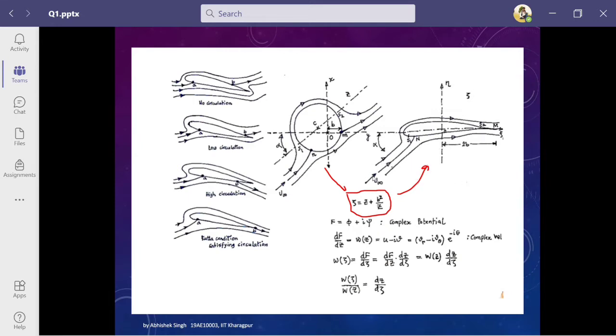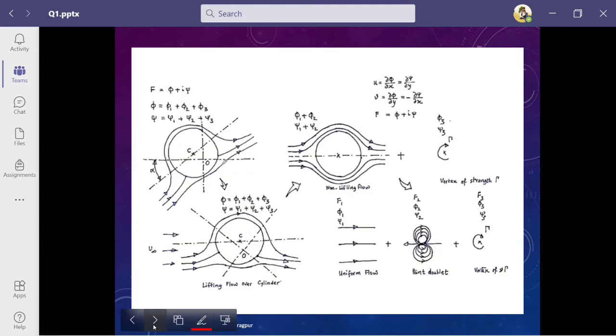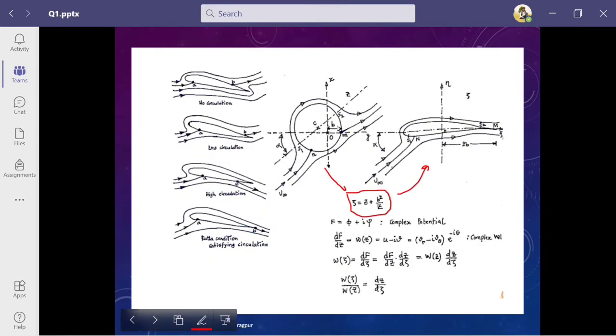Actually it is in this way, but we just rotated it to get it parallel to the horizontal direction, to simplify our calculation and observation.